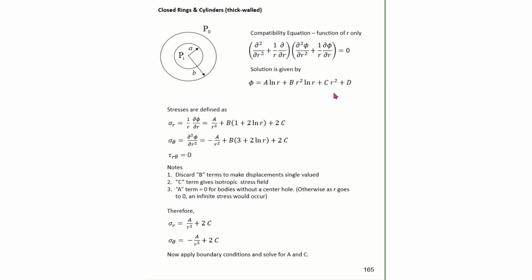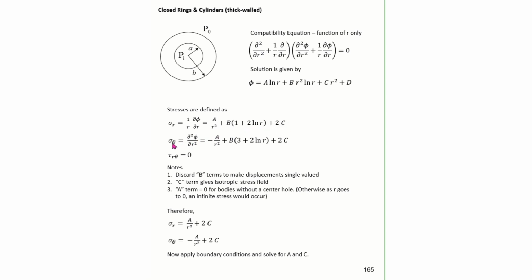Now, for the stresses in a cylinder, the radial stress is defined as the partial of phi with respect to r multiplied by 1 over r. So to get the radial stress, we need to take the partial derivative of this expression here with respect to r and then divide by r. Doing that gives us this expression here.